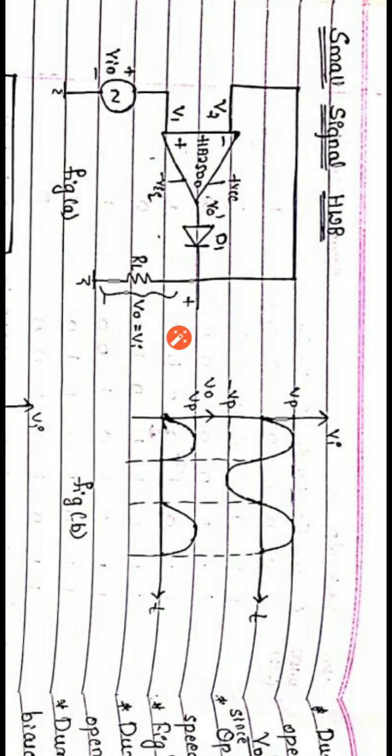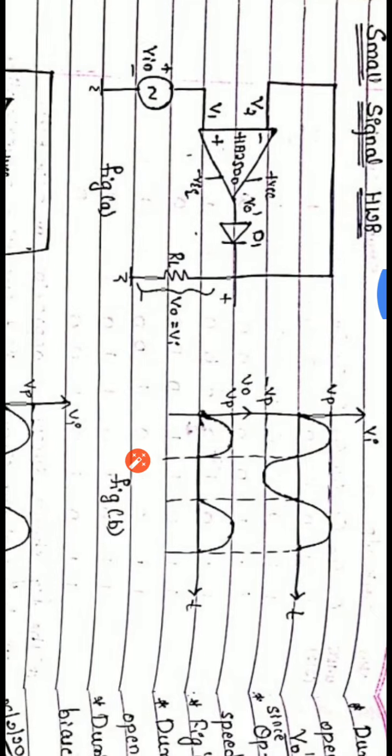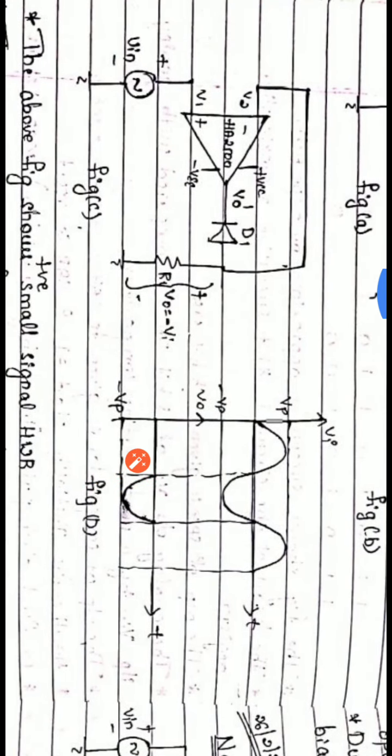Therefore the voltage V0 is also 0, so there is no output in the negative cycle. This is how a positive small signal is passed through the op-amp using a diode and used as a half wave rectifier. Similarly, we can discuss this for the negative cycle also, only the change is we have to change the direction of the diode.